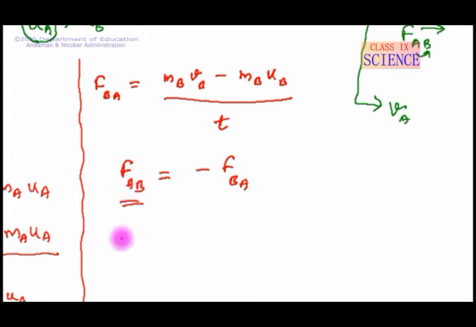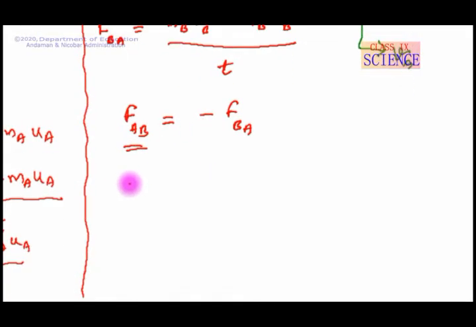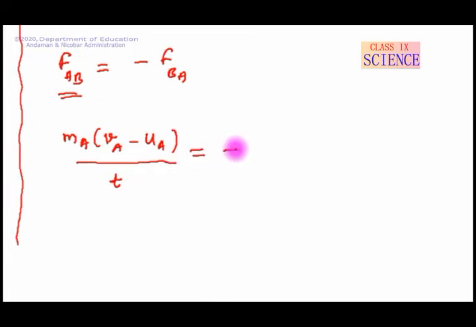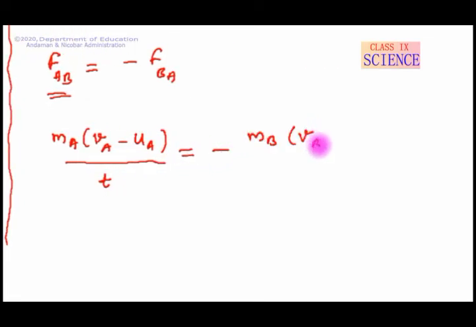Substituting these values, what we will get? Here we will get mA (vA minus uA) divided by time, which is equal to minus mB (vB minus uB) divided by time. On rearranging this equation, t and t get cancelled.